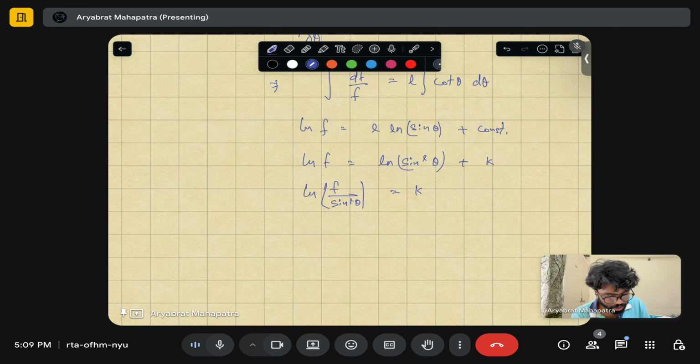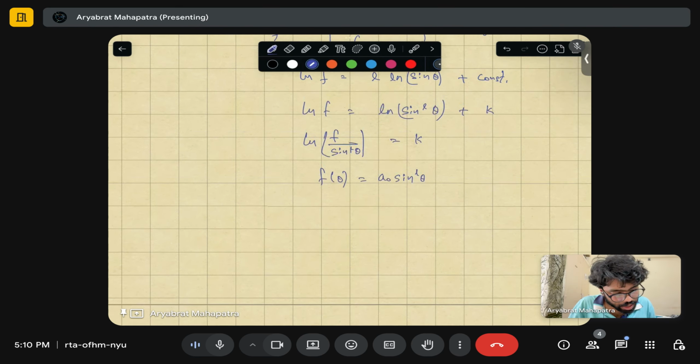And then this f of theta is basically some constant, let's say a naught, times sine theta to the power l.